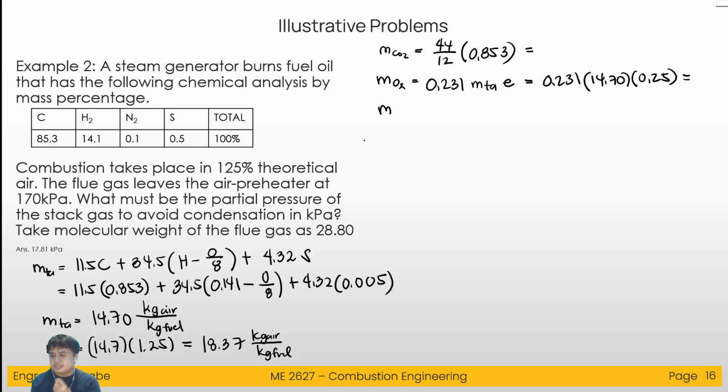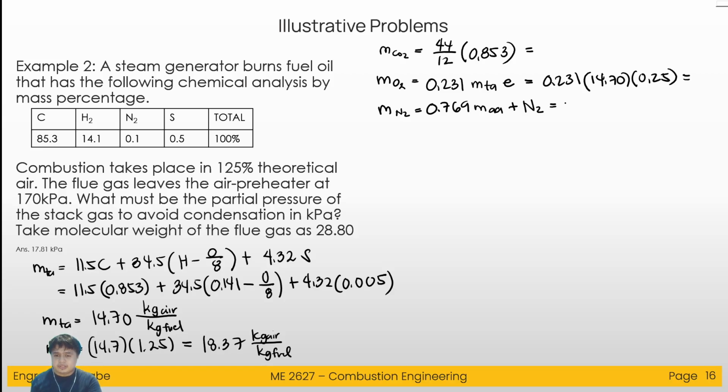And then for the mass of the nitrogen first. For the nitrogen, you have 0.769 times the mass of the actual air, plus N2 of the fuel.